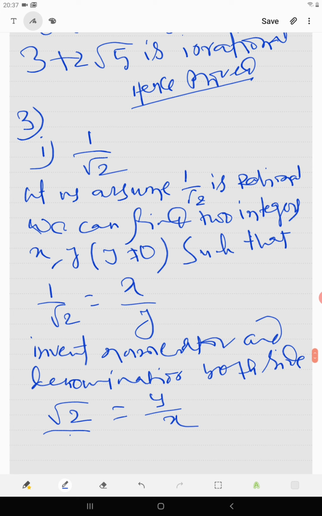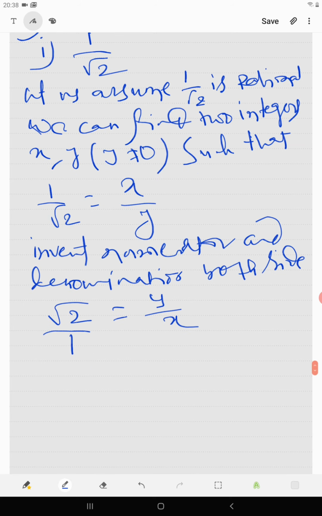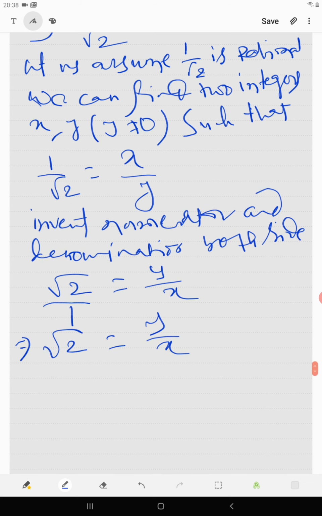Why root 2? Root 2 by 1, right? I converted the numerator to the denominator and the denominator to the numerator. So root 2 by 1 equals y by x. Now anything divided by 1 is that number only. So root 2 equals y by x.